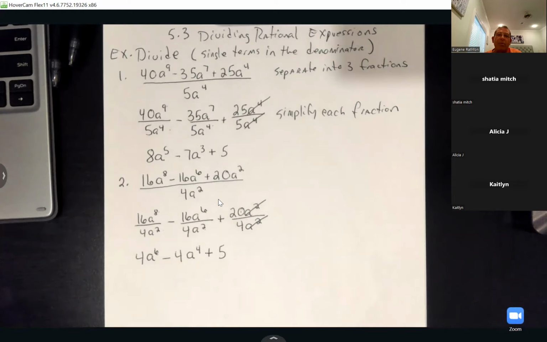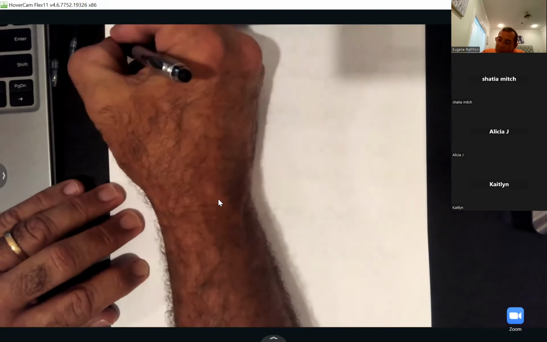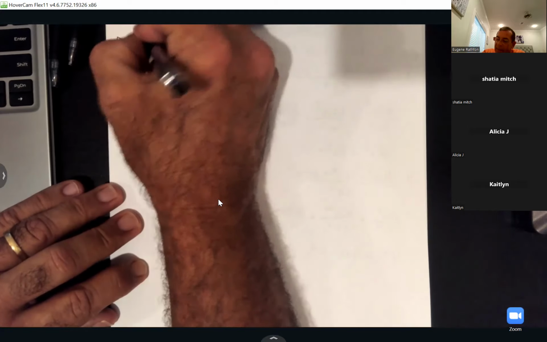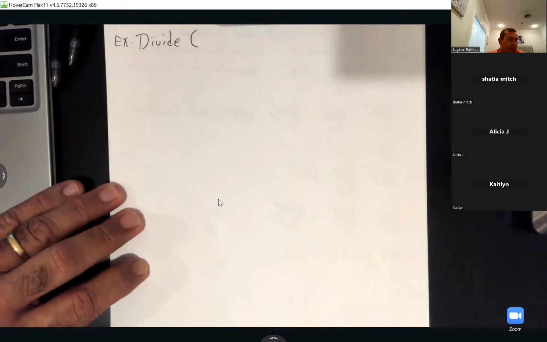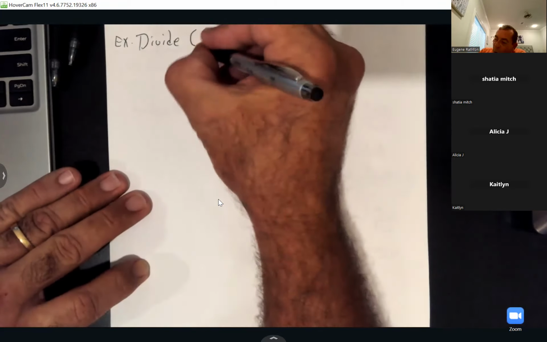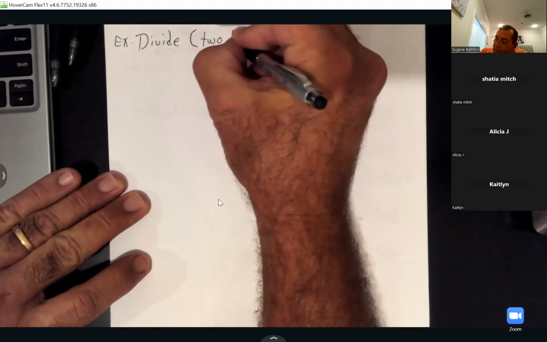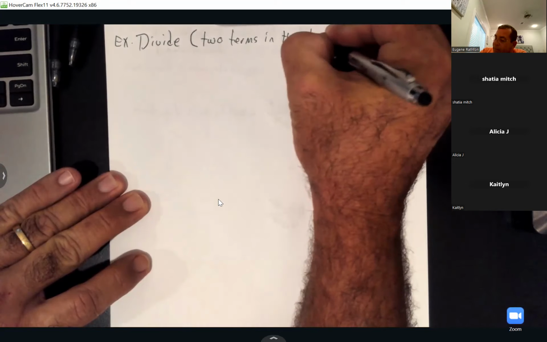But what happens when we got more than one term in the denominator? So these ones will be divide. But on this, we have a binomial in the denominator, or 2 terms in the denominator.